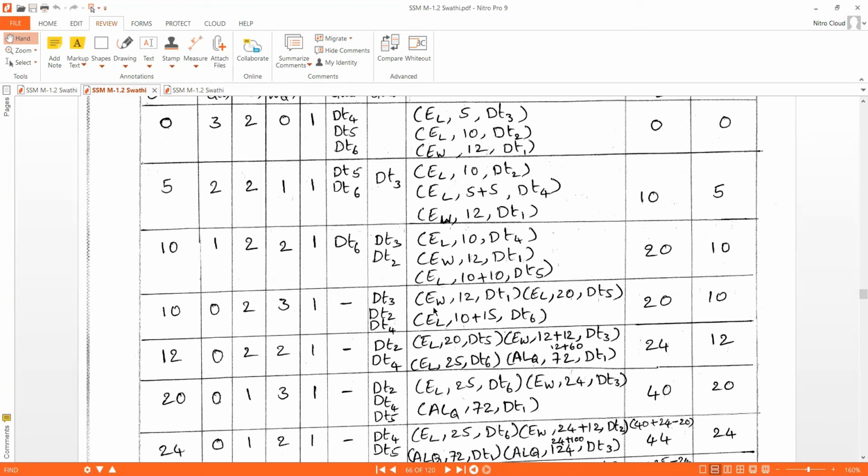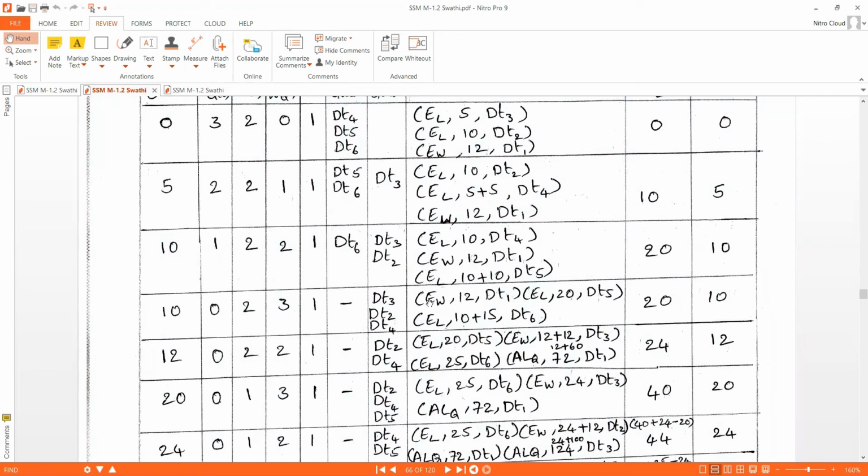Here the ending weighing event of DT1 is going to occur at simulation clock time 12. Using this, we are advancing the simulation clock to 12.